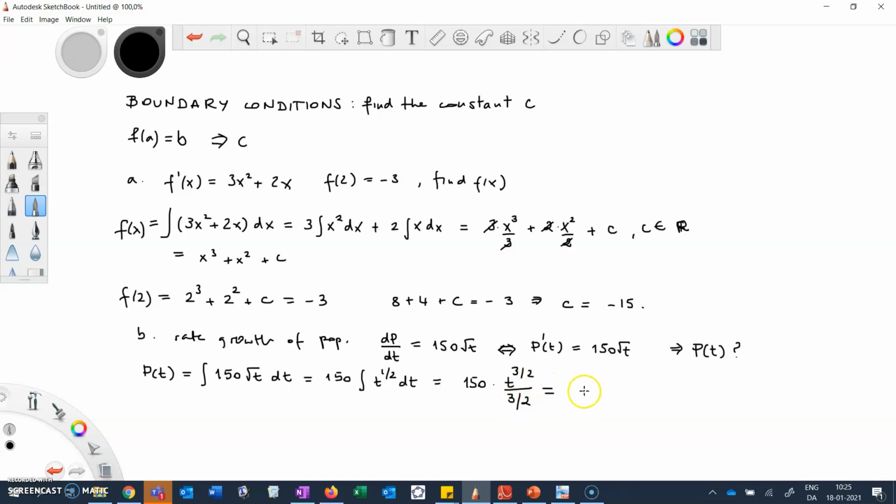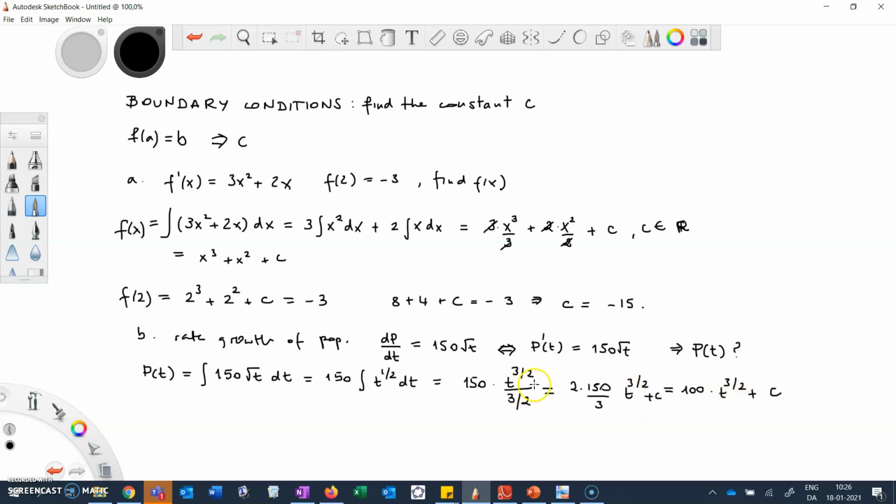So this is going to be 2 times 150 divided by 3 times t to the power of 3 over 2. So this means that actually I can write this as 100 times t to the power of 3.5 plus a generic constant.